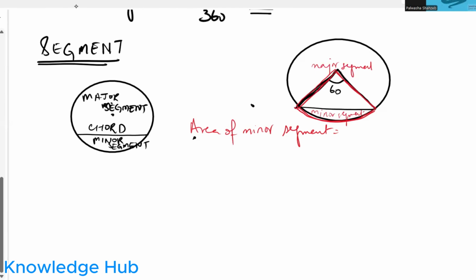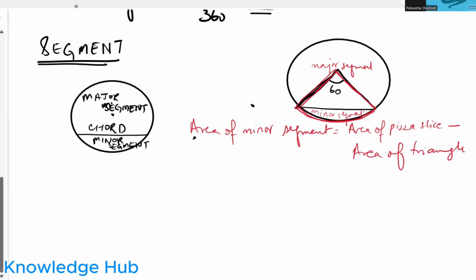So area of a minor segment will be area of pizza slice minus area of triangle.